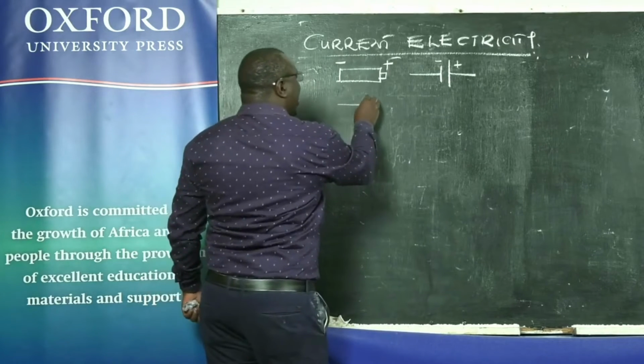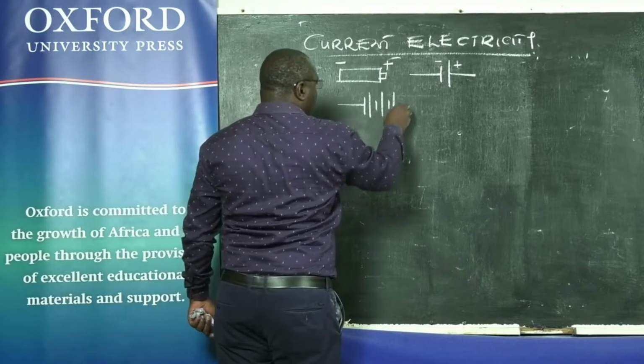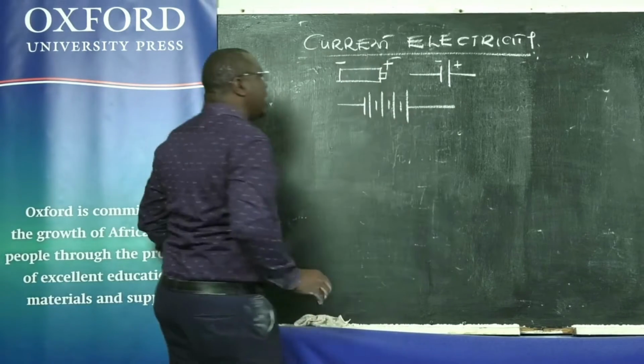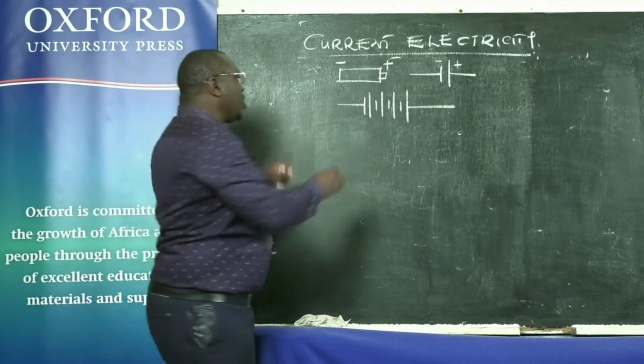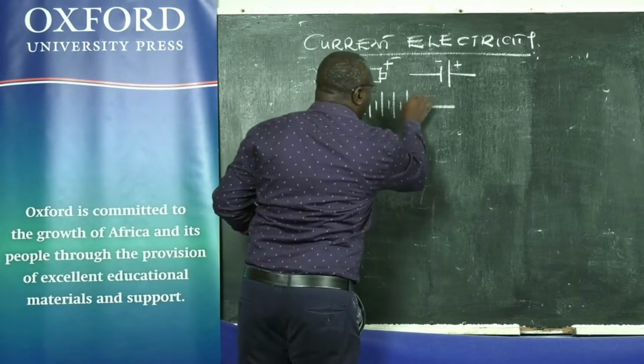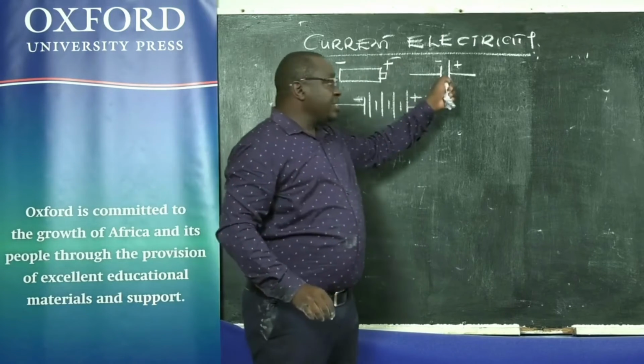In this case, a battery will appear like this. So we have 1, 2, 3, 4. So in this case, what we have here is a combination of 4 cells with a positive there and a negative there and a positive that side. So this is a battery. This one is a cell, that one is a cell.